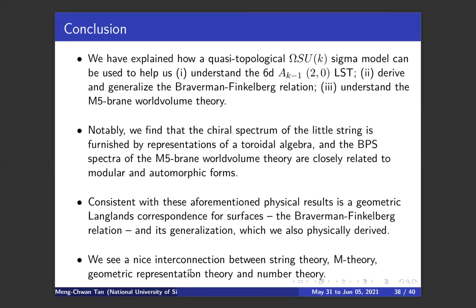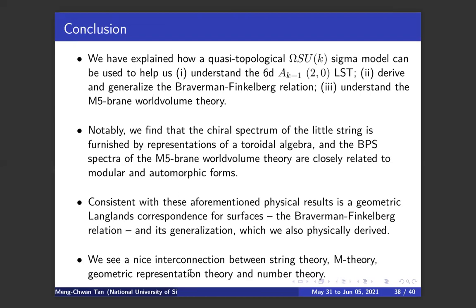Luckily this is the last talk for now. We have explained how a quasi-topological loop group, base loop group sigma model can be used, number one, to understand the 6D A2,0 little string theory. Number two, it can be used to derive and generalize the Braverman-Finkelberg relation, and number three, to understand the M5-brane world volume theory in the BPS sector.